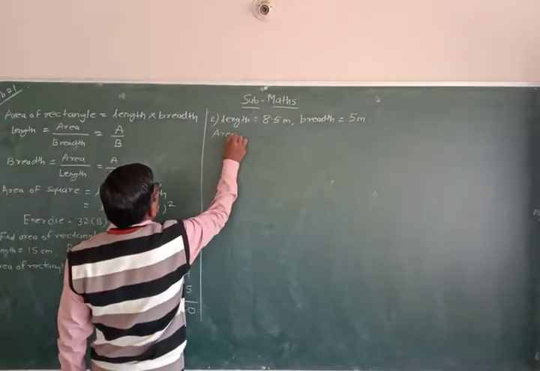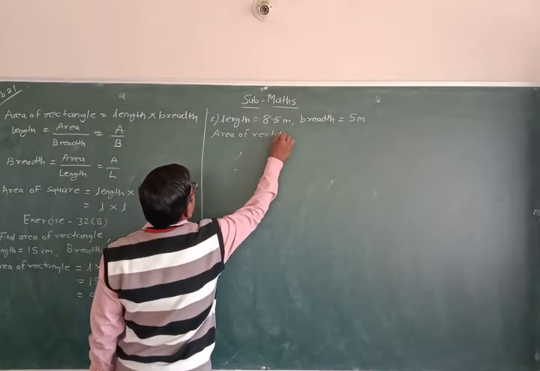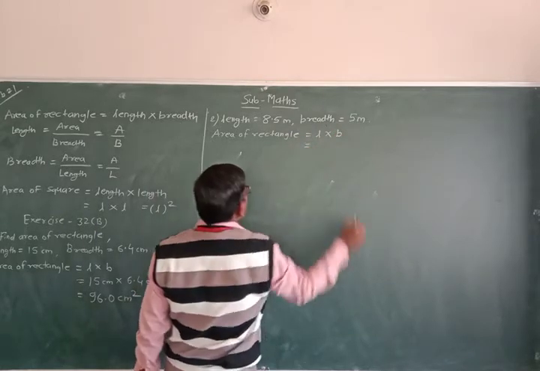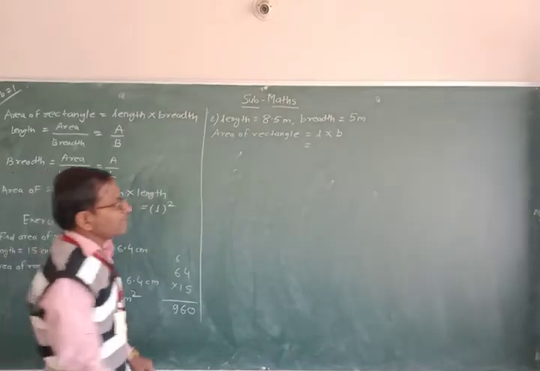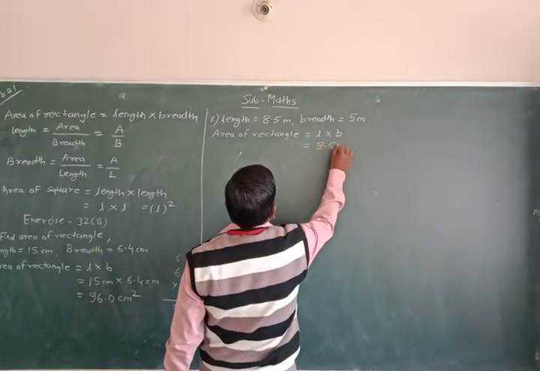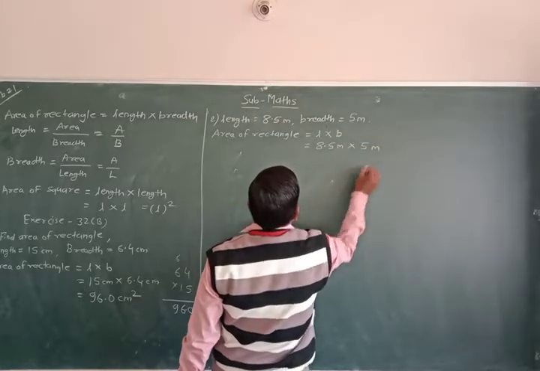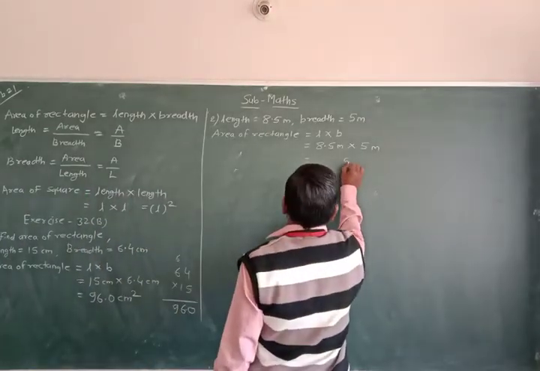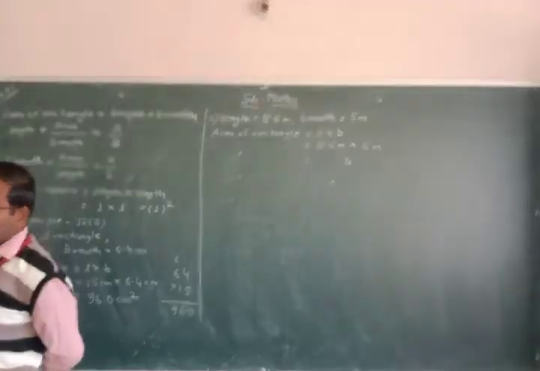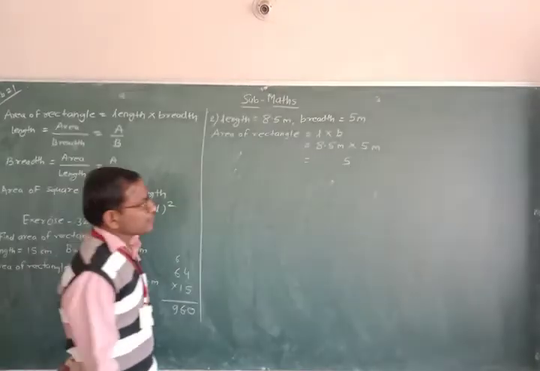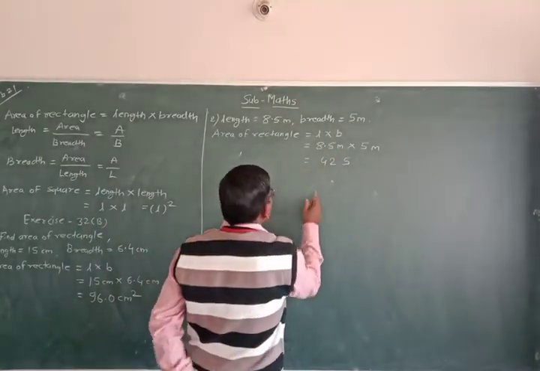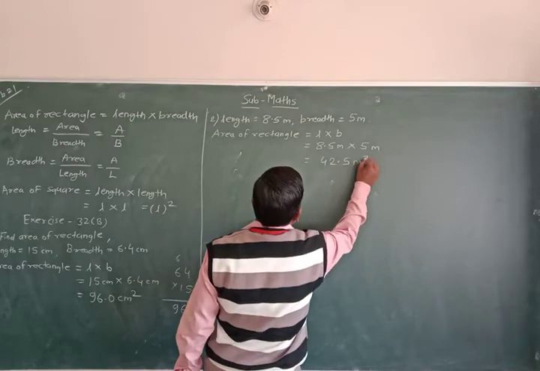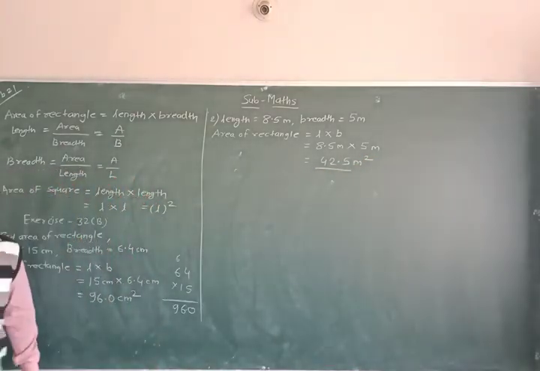Area of rectangle is equal to L multiplied by B, length multiplied by breadth. Then length is 8.5 meter multiplied by 5 meter. 5 fives are 25, carry 2. 5 eights are 40, 40 plus 2 is 42. So right here 42 and decimal point after 1 digit. So 42.5 meter square. This is the area of rectangle.